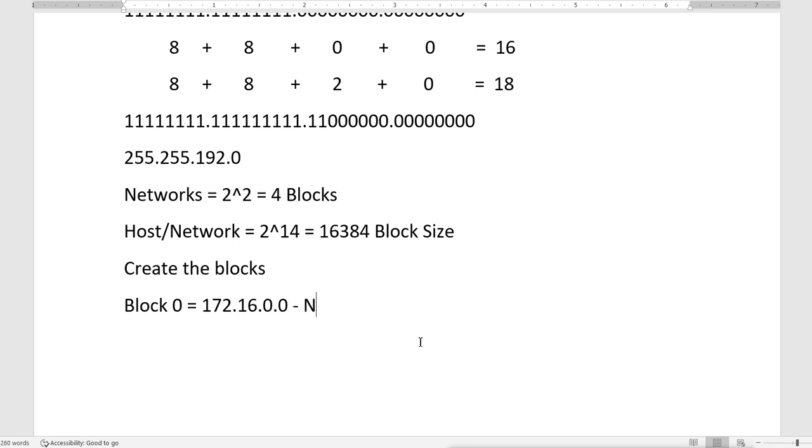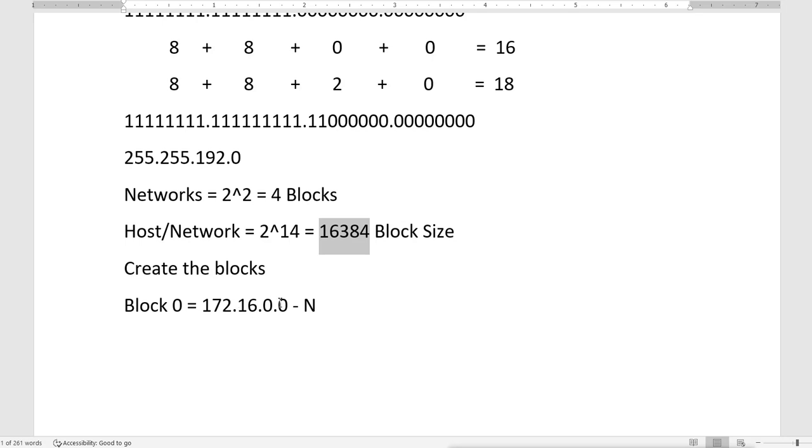Now this is the first IP of block 0. Where is it going to end? What will be the last IP of this first block? To get the last IP, we have to add 16,384 IPs in between. But the problem is here, because it is class B.